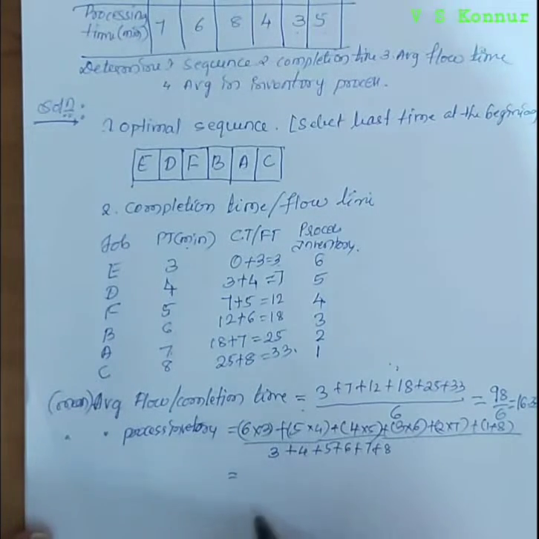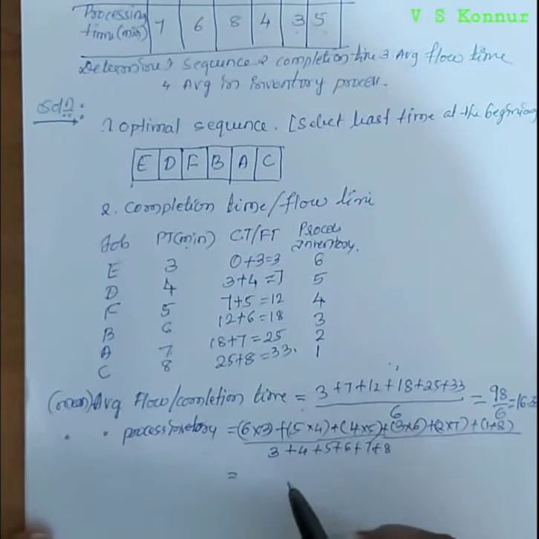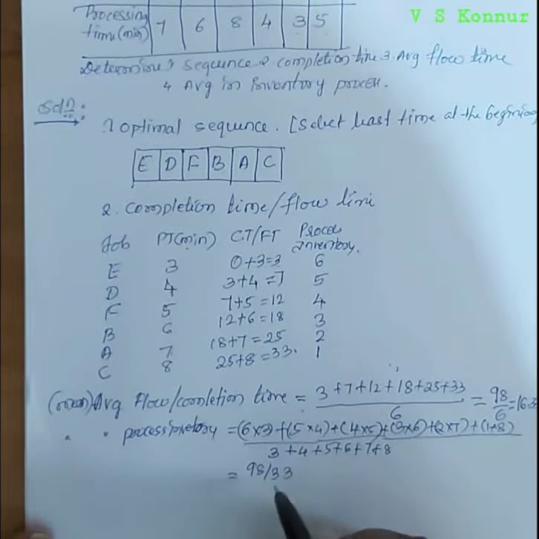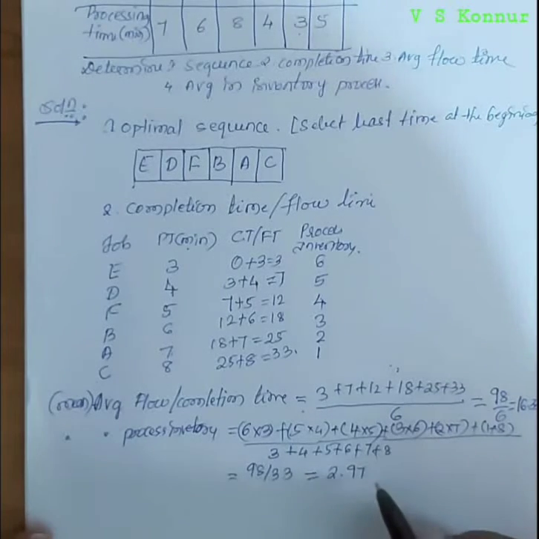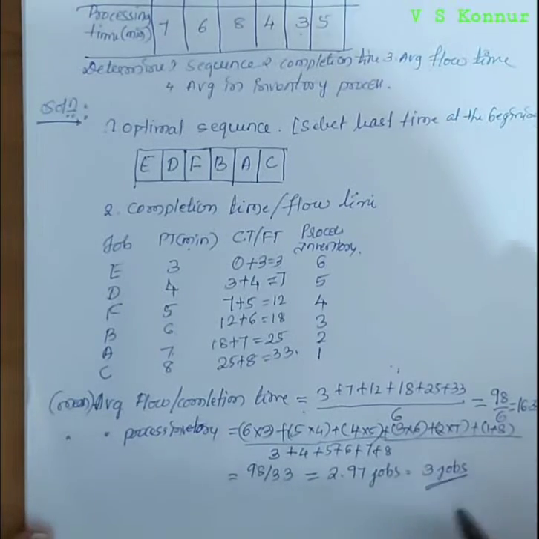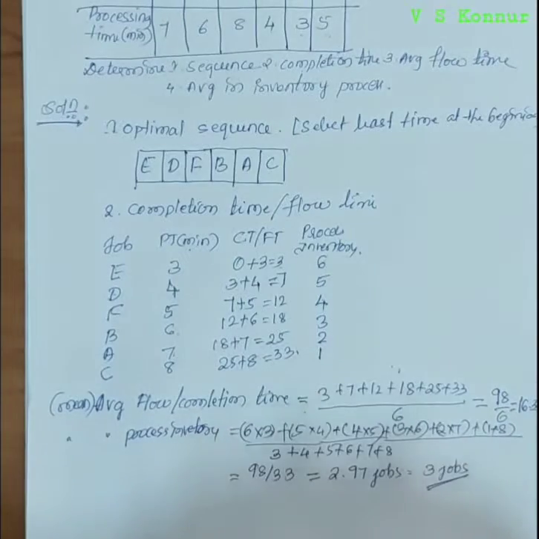So that is equal to 98 divided by 33, which is 2.97 jobs. Approximately we have to write 3 jobs. So this is how you have to solve n jobs through one machine.